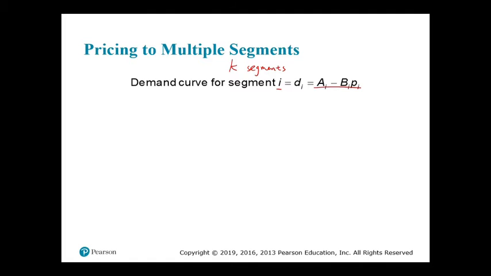And let's say it's also represented by a simple linear demand curve equal to a_i minus b_i times p_i, where p_i is the price we charge, particularly for this segment.